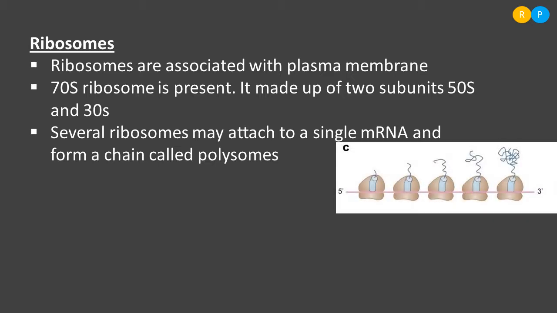You can see in the diagram. So these are the number of ribosomes. They are arranged on a single strand called mRNA. So what you are observing in this diagram, a chain-like structure at the center, is known as mRNA, and the bead-like structures are nothing but ribosomes.